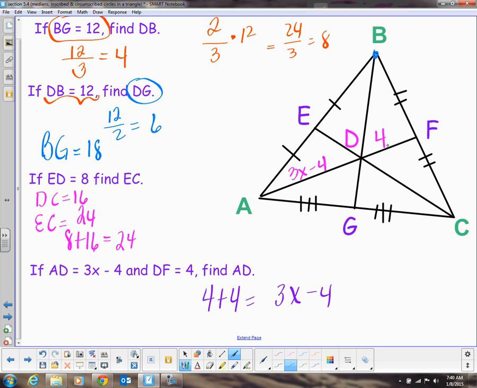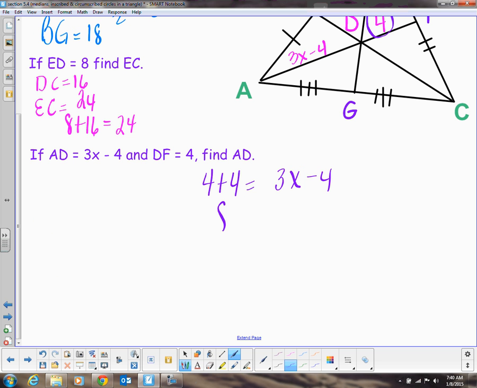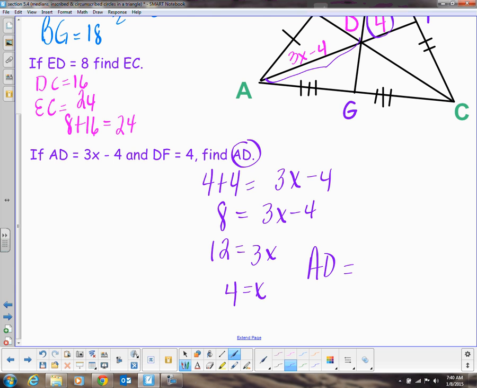Nice job, Devin. Remember, it takes 2 of these to equal 1 of those. Or we take half of this to get that. It's easier to double this than have that. So this is going to be 8 is equal to 3x minus 4. Add your 4. 12 equals 3x. Divide by 3. X is 4. They want AD. Can we find AD now? AD is going to be 3 times 4 minus 4, which is 12 minus 4, which is 8.